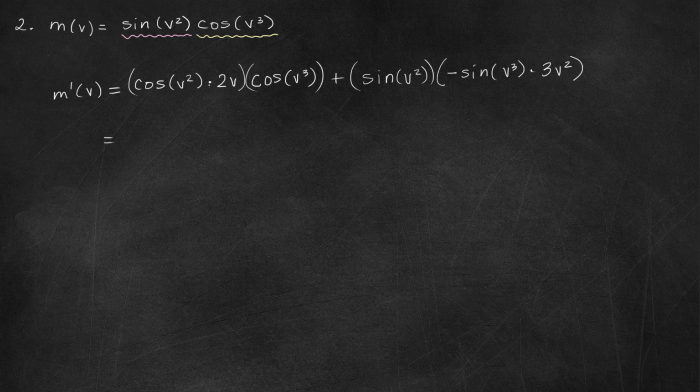We'll move our coefficients to the front. So I've got 2 times v times the cosine of v squared times the cosine of v cubed minus 3v squared times the sine of v squared times the sine of v cubed.